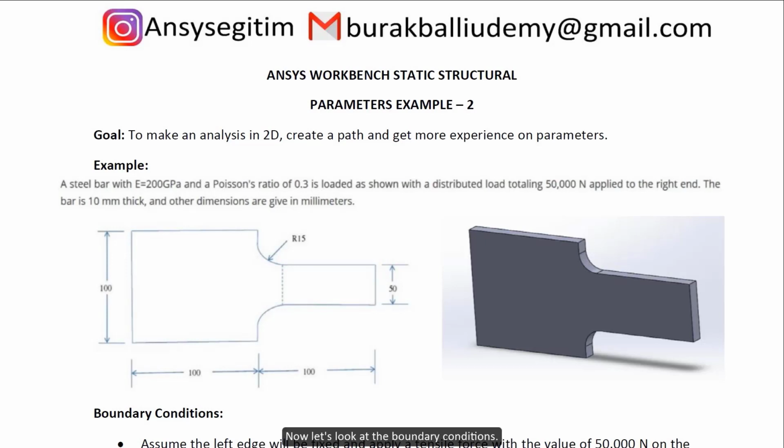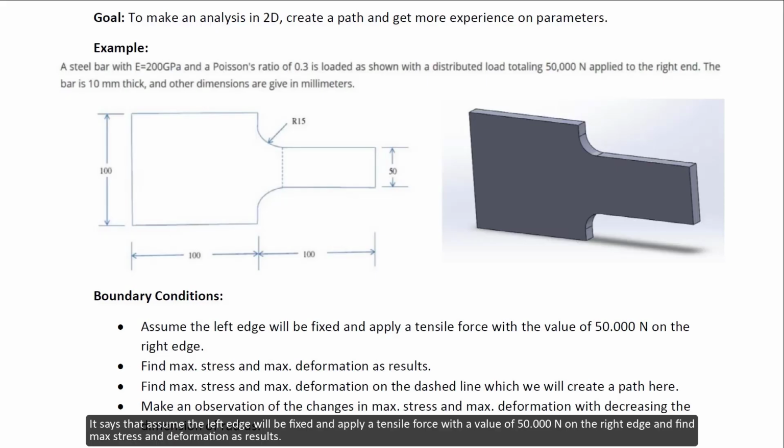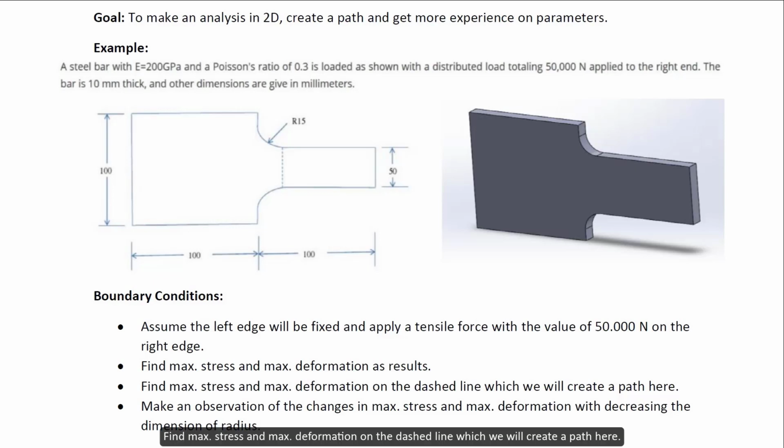Now, let's look at the boundary conditions. It says that assume the left edge will be fixed and apply a tensile force with a value of 50 kN on the right edge and find maximum stress and deformation as results. Find maximum stress and maximum deformation on the dashed line, where we will create a path.